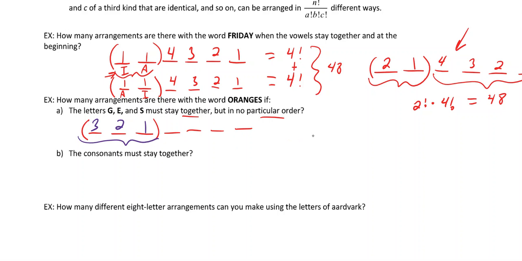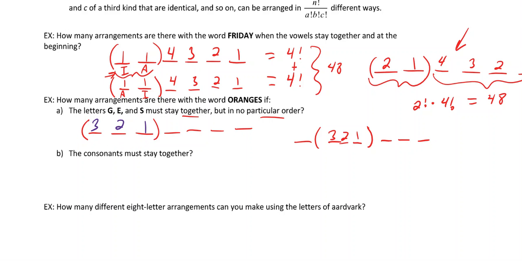You don't have to draw this, but it could look like one blank, then our group of 3, 2, 1, and then 3 more blanks. You can see that this group could move over to that spot, or that spot, or that spot. So the group of 3 is acting like another blank itself.